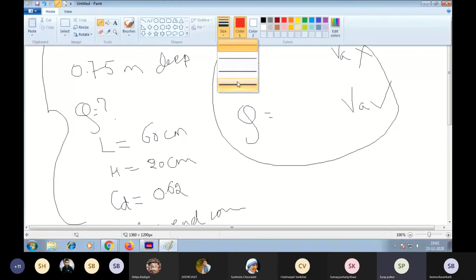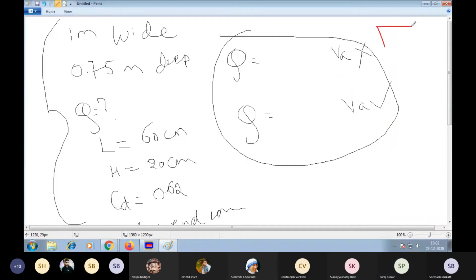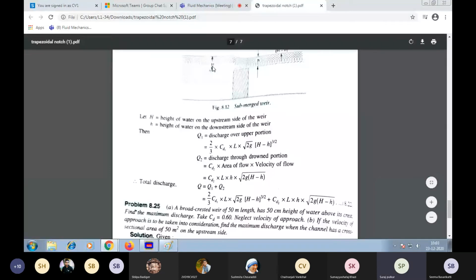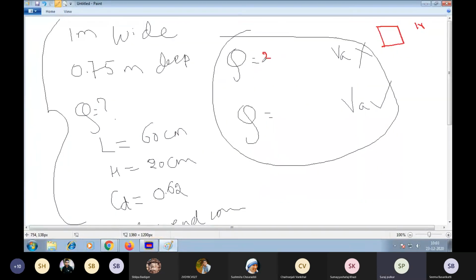Rectangular, ma'am. What is the discharge equation for a rectangular weir? 2/3 into CD into L into root 2G into H raised to 3/2, ma'am. So 2/3 of CD into L into square root of 2G into H raised to 3 divided by 2.